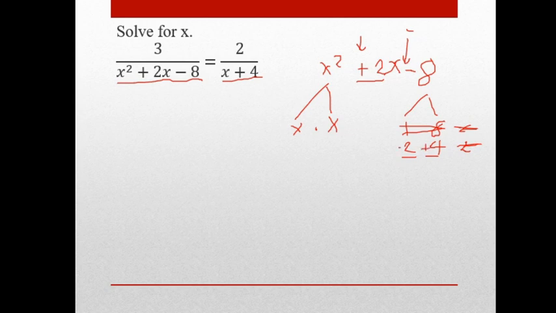So, ang factors natin ay x minus 2 and x plus 4. So, I suggest na mag-search tayo ng mga video sa YouTube kung paano mag-factoring ng mga quadratic trinomial. Kasi mas magiging madali itong lesson na ito pag gagawin natin yon. So, burahin ko na to.